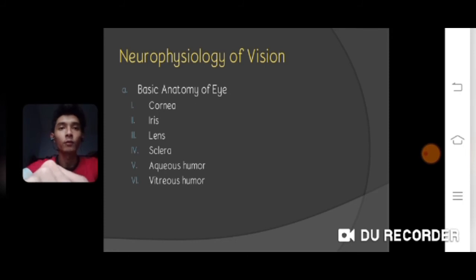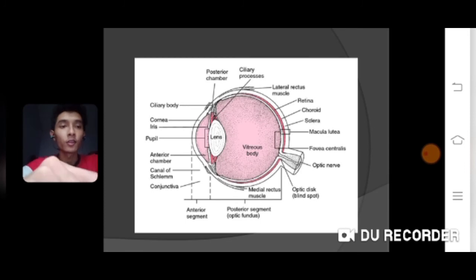Okay, then we go to the neurophysiology of vision. As you can see, this is the basic anatomy of the eye: cornea, iris, lens, sclera, aqueous humor, vitreous humor. This is the picture of the anatomy of the eye.